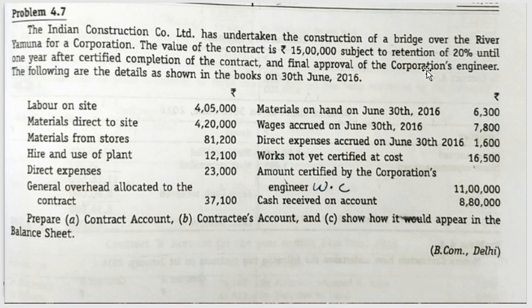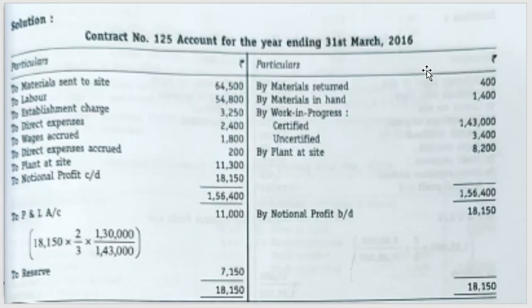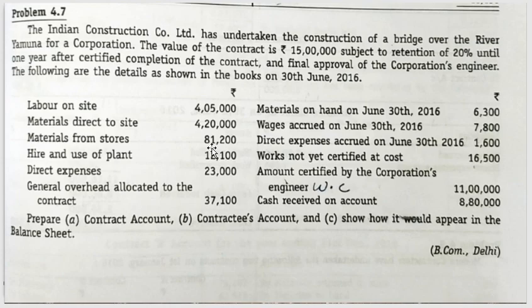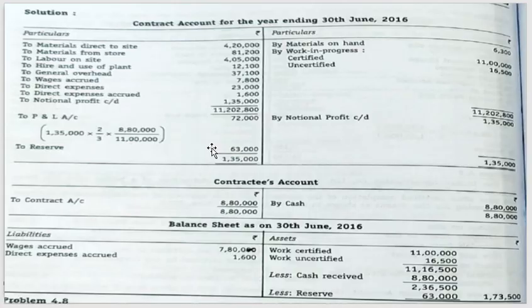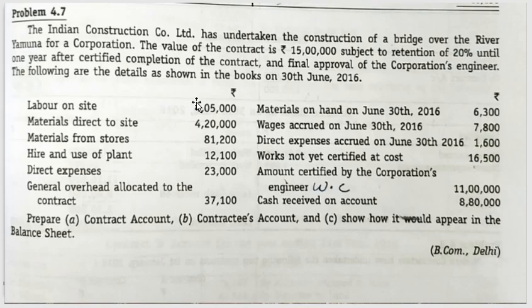These are the wages accrued at the end of the day, June 30th, 2016, but it is an expense which is yet to be paid, so it is recorded as an expense for the contract, so it will be appearing in the debit side. So to wages accrued 7,800.